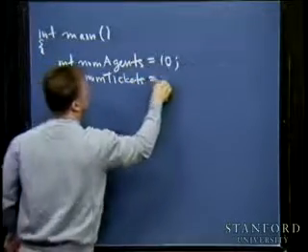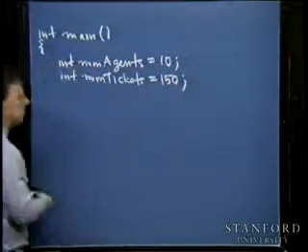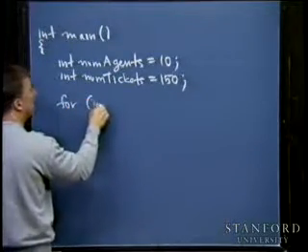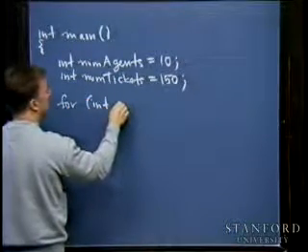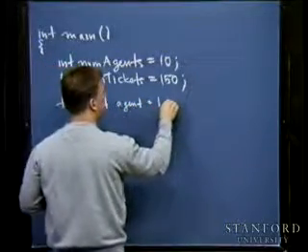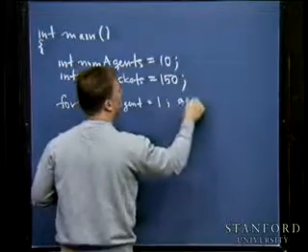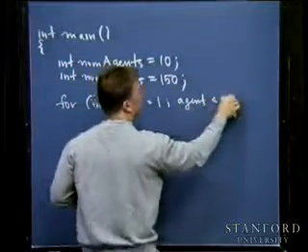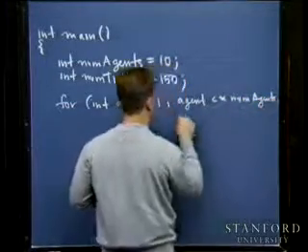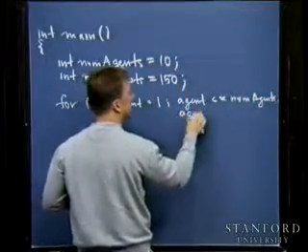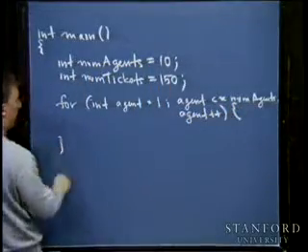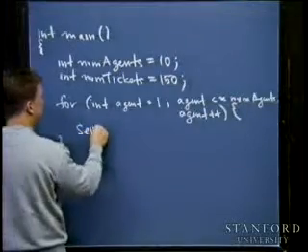Num tickets is equal to 150. In this brute force for loop, I'll write agent is equal to 1, agent less than or equal to num agents, agent plus plus. I called this function called sell tickets.